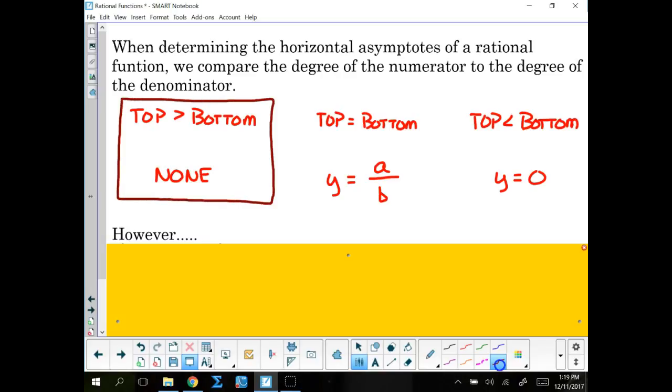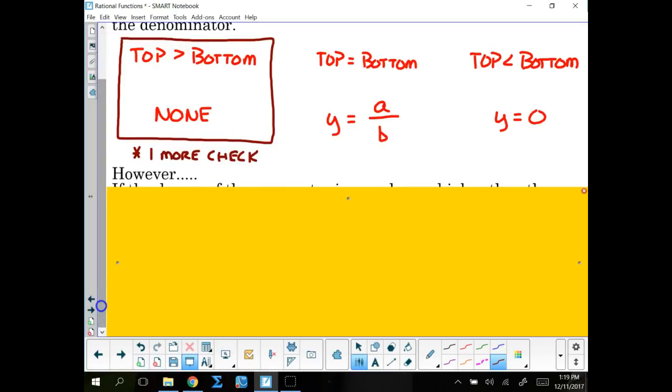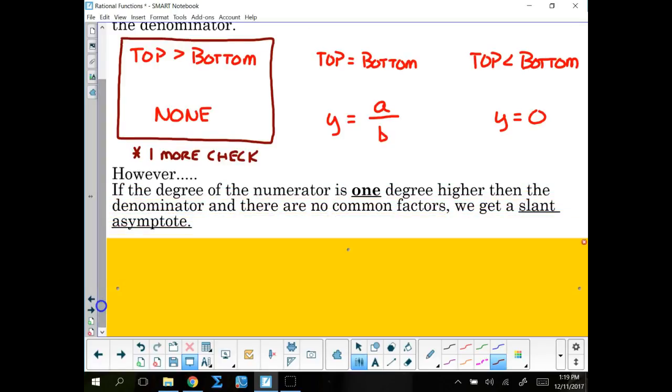If we're in this case, there is one more check. And that one more check is: if the degree of the numerator is 1 degree higher than the degree of the denominator, and there are no common factors, we get what is called a slant asymptote.